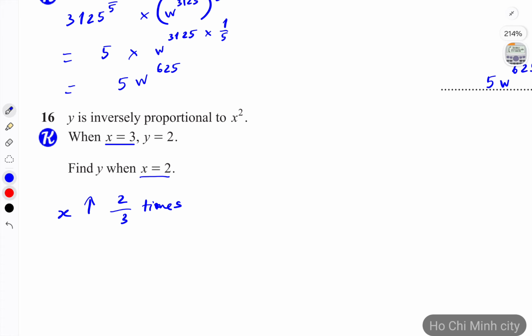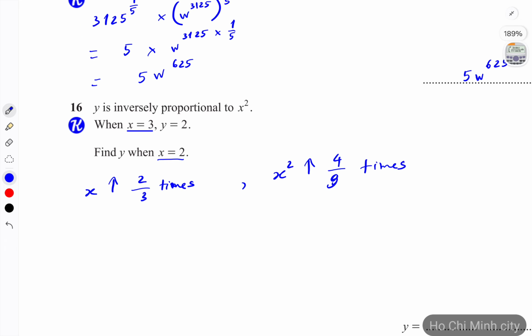Then it means that x squared increases 4 over 9 times. And because y is inversely proportional to x squared, y would decrease 4 over 9 times. So that is the inversely proportional: that one is increase and that one is decrease.